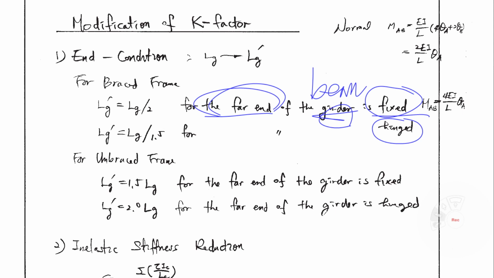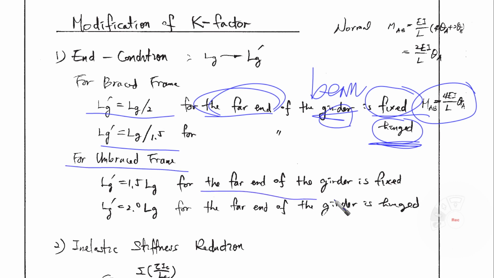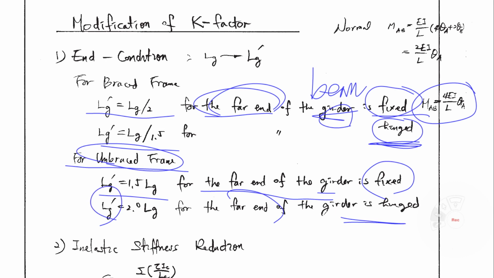We simulate this different value by changing the beam length. How about the hinge case? We can use LG over 1.5. For the unbraced frame, if the far end of the girder is fixed, the same way you can derive, then LG prime is 1.5 LG. If the far end of the girder is hinged in this unbraced frame, LG prime equal 2.0 LG. You can derive it just similarly, following this case that I already showed the derivation.